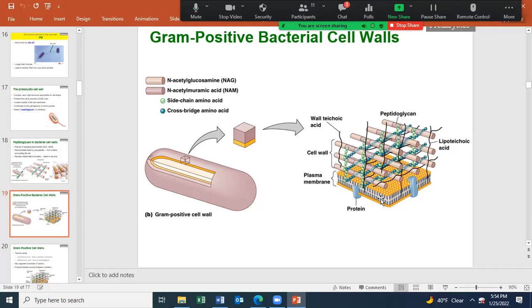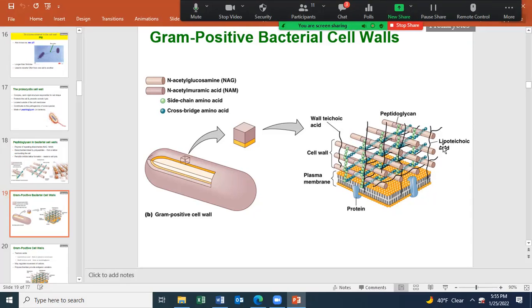There are some other molecules in the cell wall, and we'll talk briefly about them. There's teichoic acid, and that just runs through the peptidoglycan, helping to link the peptidoglycan together. There's also lipoteichoic acid, and this runs through the cell wall as teichoic acid, but it has a lipid portion, and the lipid portion binds to the cell membrane.